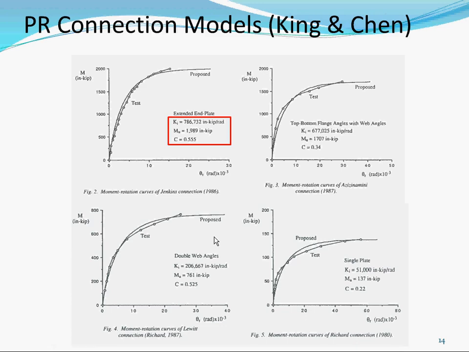If they want to analyze it, they have a database to go to. They say, I have this beam or this angle that matches what was tested before, so my C value is 0.505. Then they model it with that in mind. That's how they capture the actual behavior of the frame because of the PR connection.